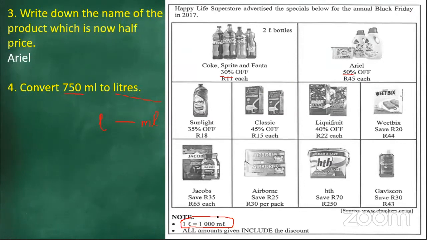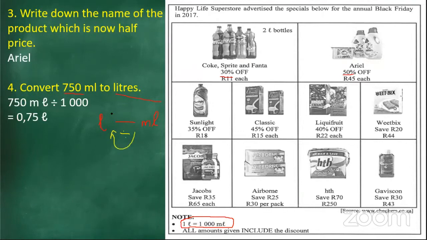Okay, I've got the answer 0.75 liters. That's what everyone is giving me, and they calculated it in one of these two ways. They either said 750 mils divided by 1,000. To move from milliliters to liters, you divide.